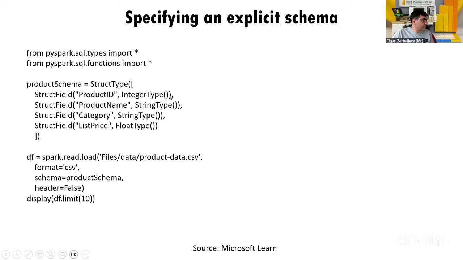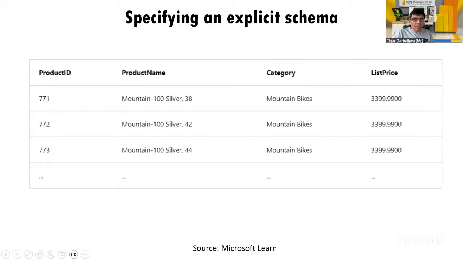So we have ProductID, IntegerType, ProductName, StringType, Category, StringType, and ListPrice, FloatType. Then df = spark.read.load with the file location, schema equals product_schema, header false, and display the first 10 rows of df. The results would once again be similar to this one. Actually, we saw it a few slides before, right?